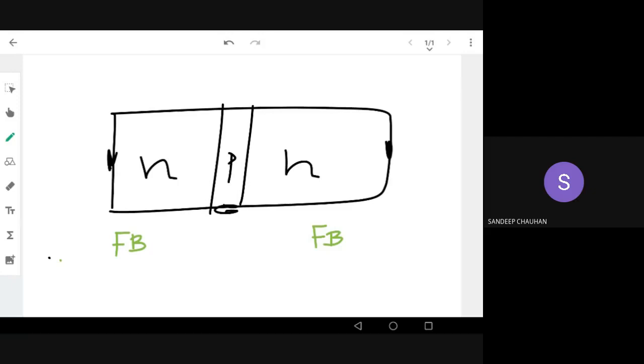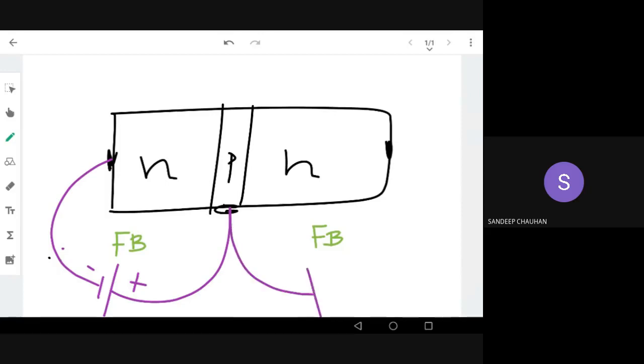So how will we do that? This is forward bias. That means this should be negative and this should be plus. So this is plus and this is minus. Again, the base collector has to be forward bias. So this is again plus, this is again minus. So if this condition exists, it's called the saturation region. The transistor state will be in saturation.